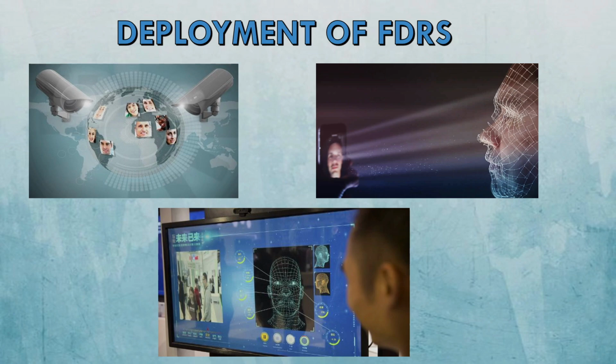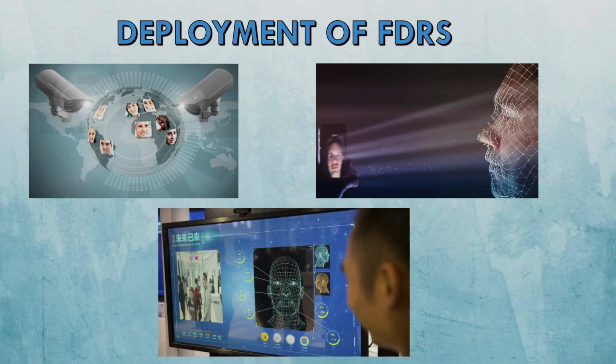Next, deployment of FDRS. It's nothing but where we can deploy and use the FDRS. The first image tells us about surveillance purposes. In traffic cameras or street cameras, we can use this technology to detect a respective person's face.